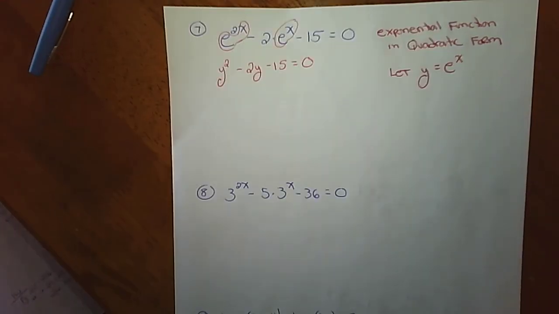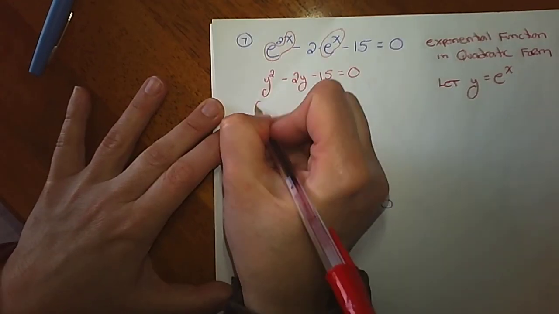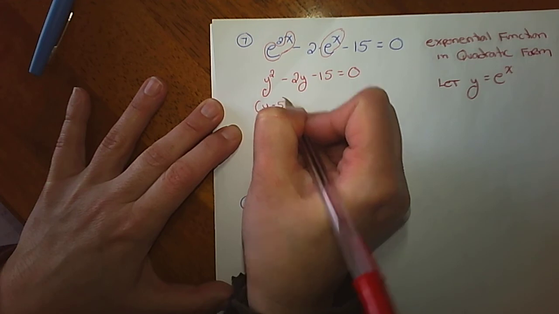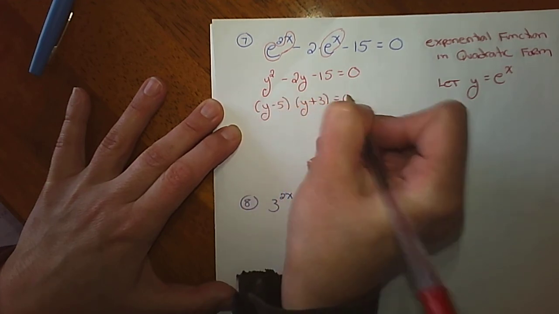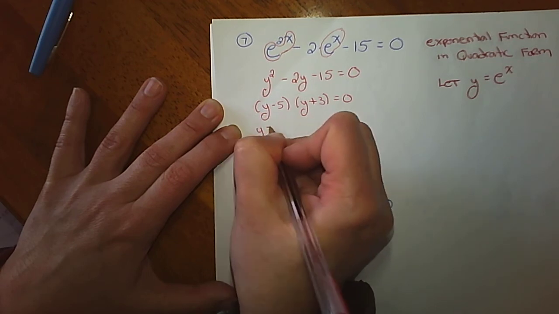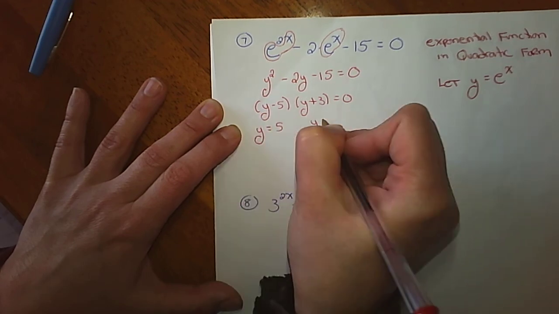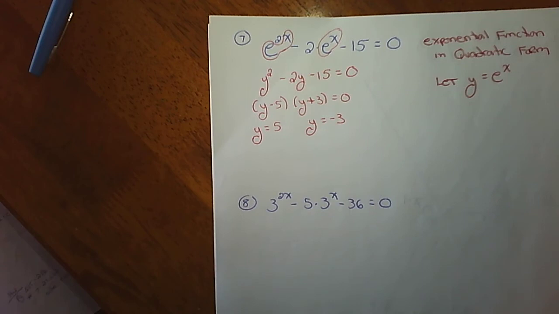Holy cow! It's a quadratic equation, which now can be factored. This factors into y minus 5, y plus 3 equals 0, which gives me two answers, y equals 5 and y equals negative 3. But this question didn't have y's in it to begin with.